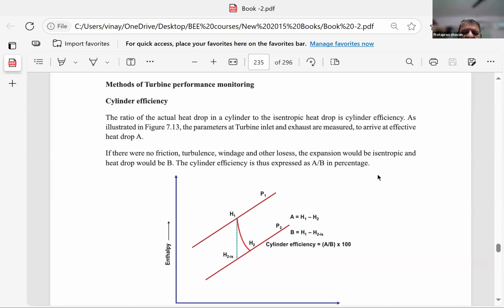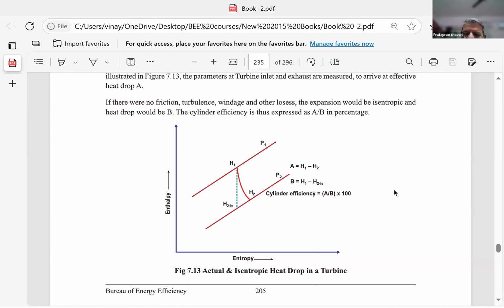So how do we decide the cylinder efficiency? Let us understand theoretically. When the steam expands from, say, pressure 1 to pressure 2, this is a pressure line, right? Actual, plotted on the graph.